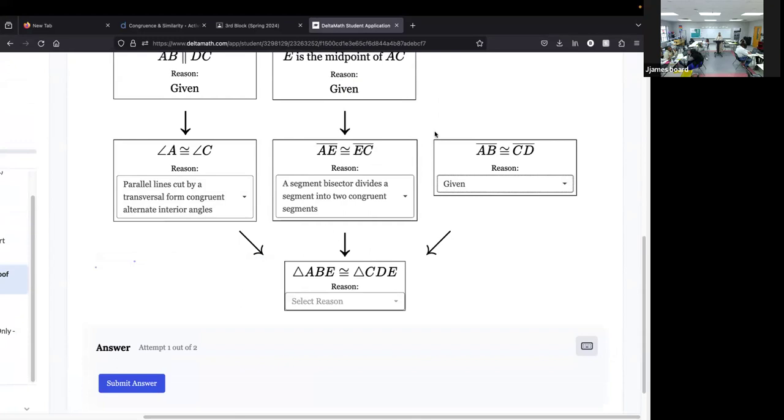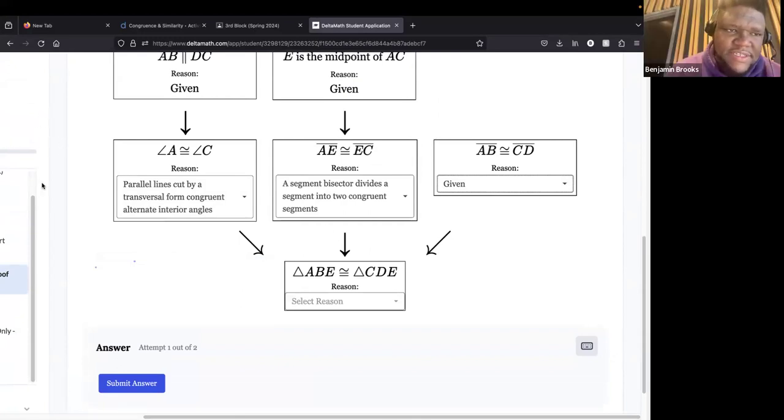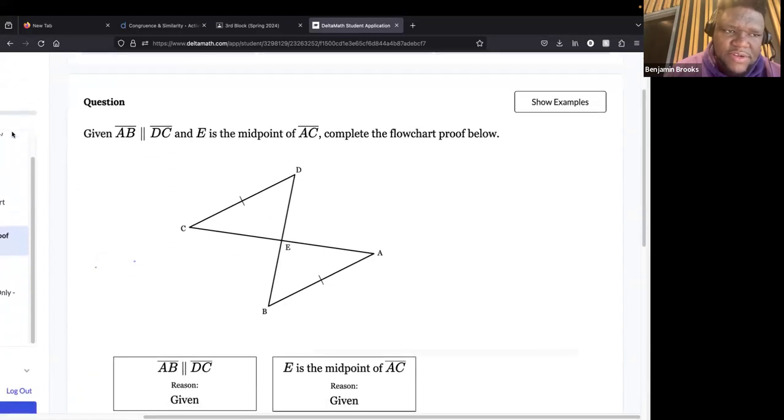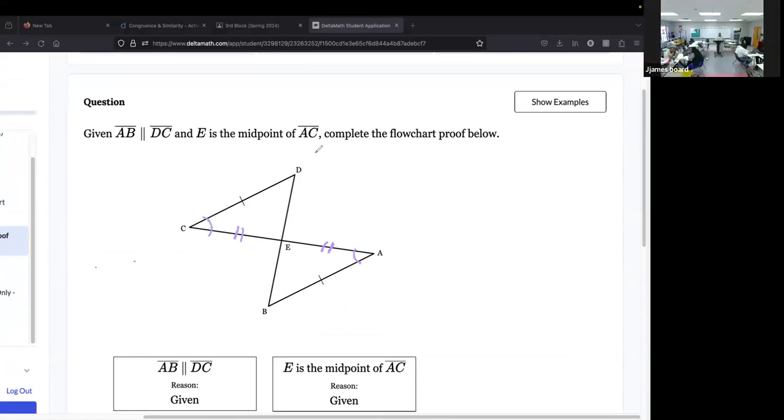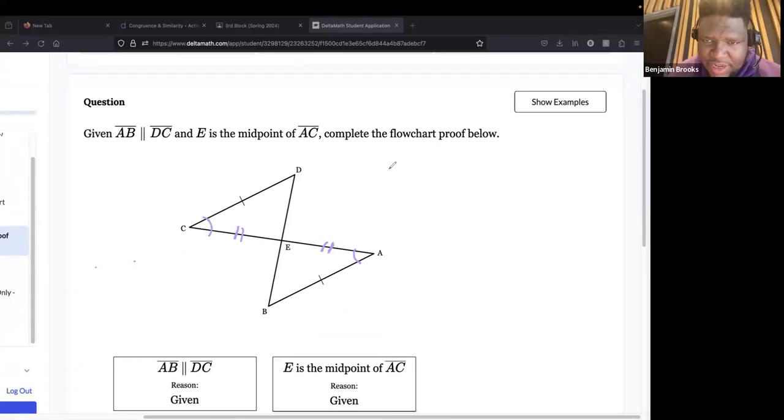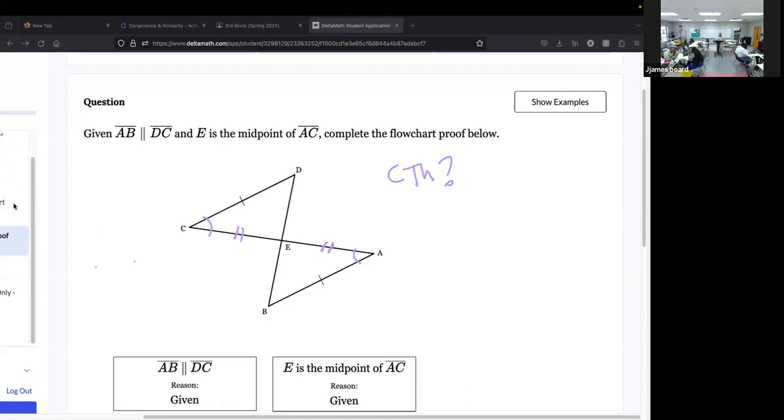All right, so let's walk through all of the reasoning. We know that the sides are congruent. We know that an angle is congruent. So we've got this side and this side, and this angle and this angle. What kind of congruence theorem should I use here? What congruence theorem does that look like?